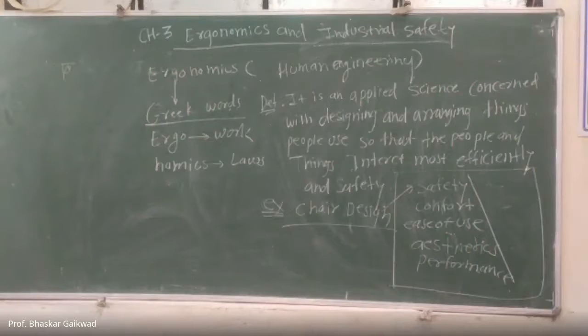Nowadays airbags are there, and the government of India has also made it compulsory for four-wheeler vehicles to have airbags. So nowadays every car has airbags. Okay, would you like to ask some questions related to this ergonomics? Otherwise, I will go to the next points.